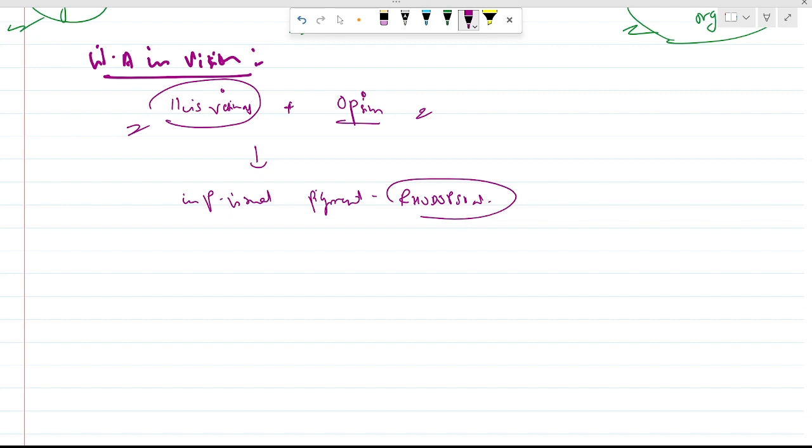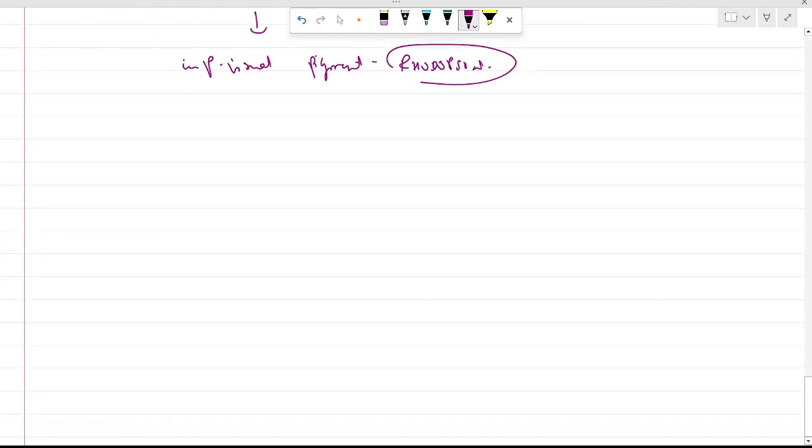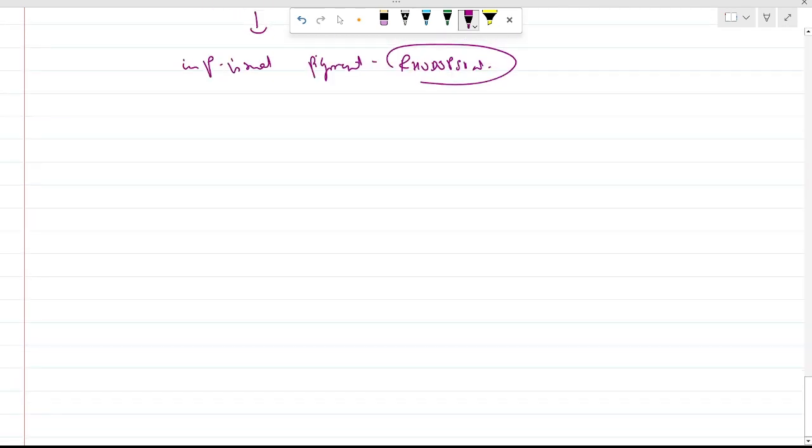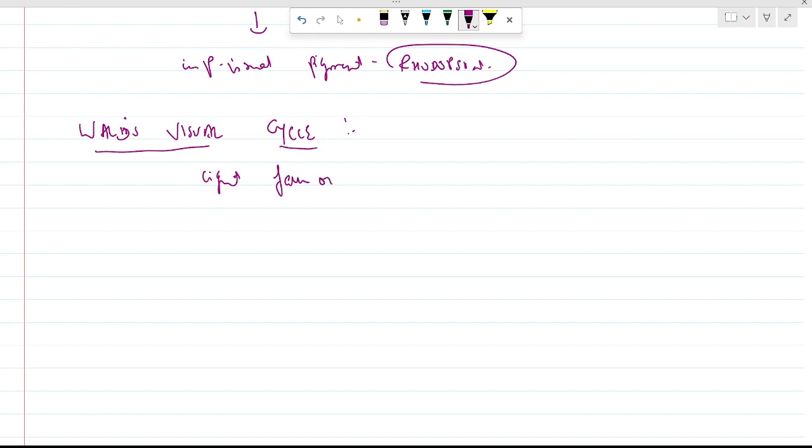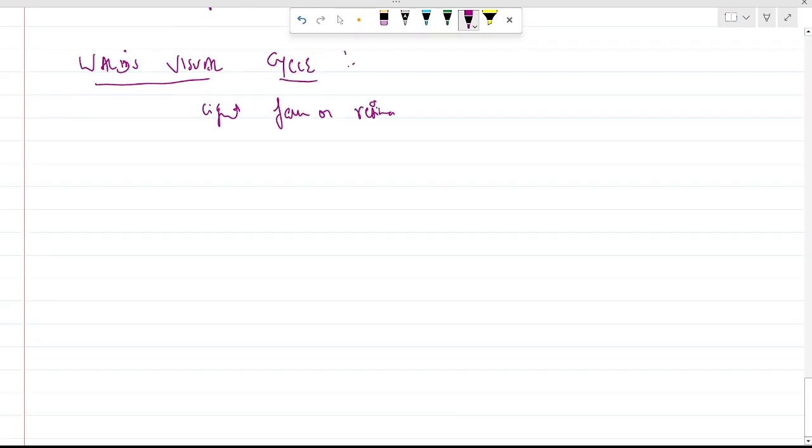So we're going to see a very important cycle here in brief, not the complex mechanism. We're going to see Wald's visual cycle. What happens when light falls on the retina, where the photoreceptor elements, rods and cones, are present?